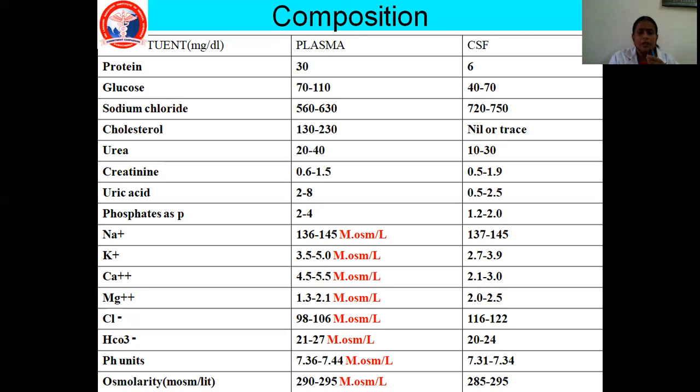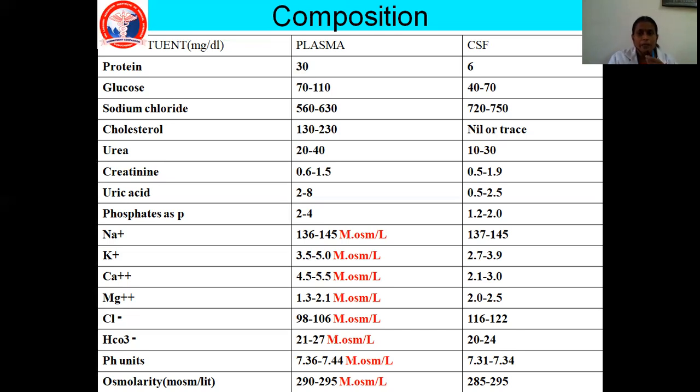The osmolarity of the cerebrospinal fluid is similar to that of the plasma, that is 285 to 295 milliosmol per liter. Plasma is having 290 to 295 milliosmol per liter. So these are the composition of the plasma and cerebrospinal fluid.